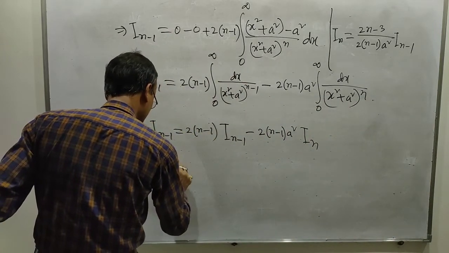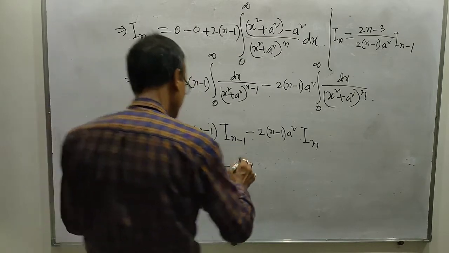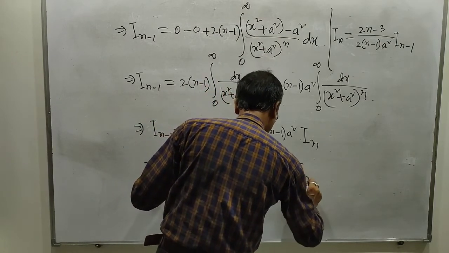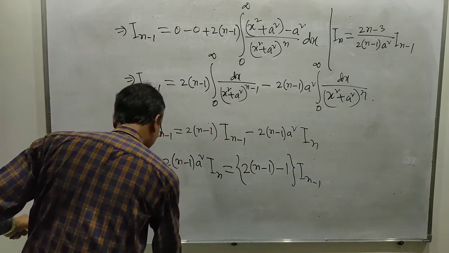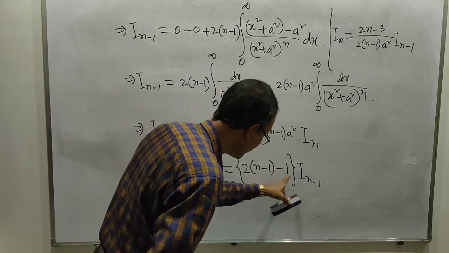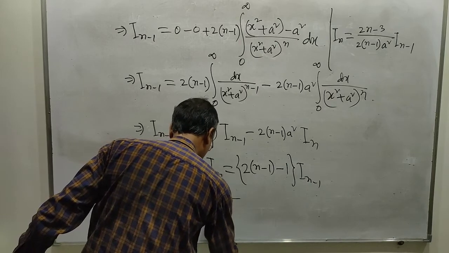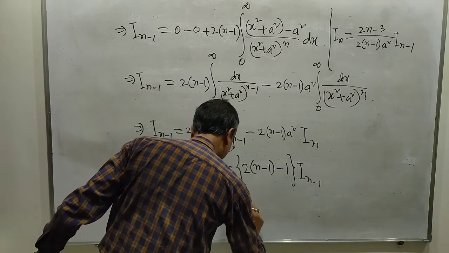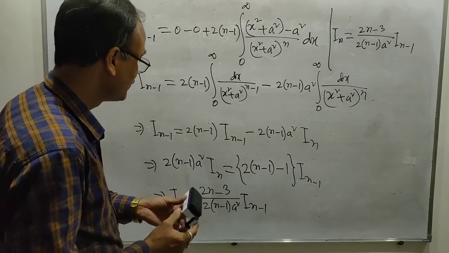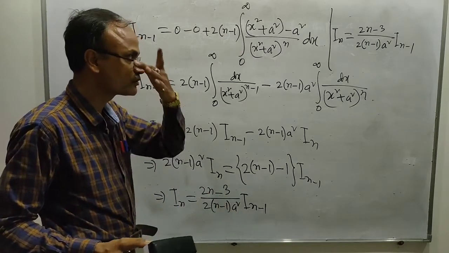This means 2 times of (n minus 1) a square I_n equal to 2 times of (n minus 1) minus 1, I_(n minus 1). This means I_n equal to (2n minus 2 minus 1, that is 2n minus 3) divided by 2 times of (n minus 1) a square, I_(n minus 1). The first part has been proved. I_n equal to (2n minus 3) divided by 2 times of (n minus 1) a square, I_(n minus 1).